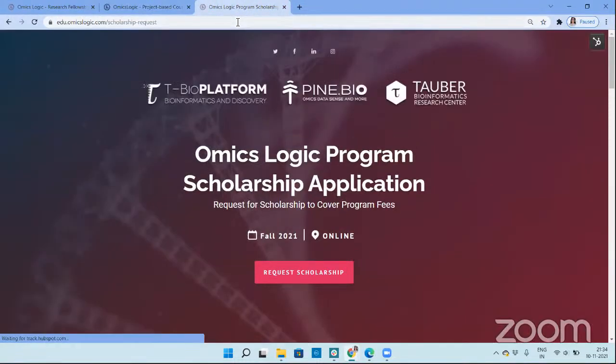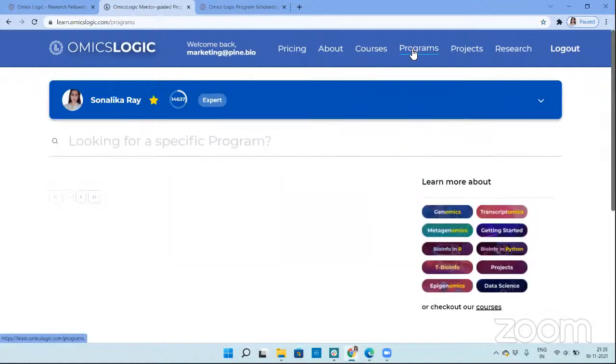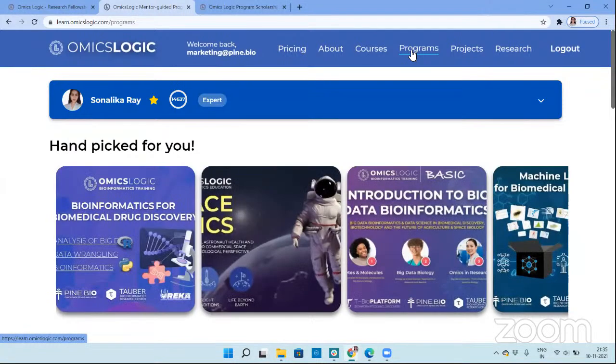There is one more aspect I would like to share with you, that is the scholarship application. We have a monthly module of license that you can take up to be a part of the program. The module I just showed you is a monthly module, so you have to take up this monthly license and carry out your research work.